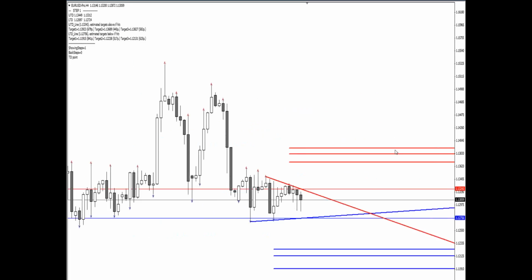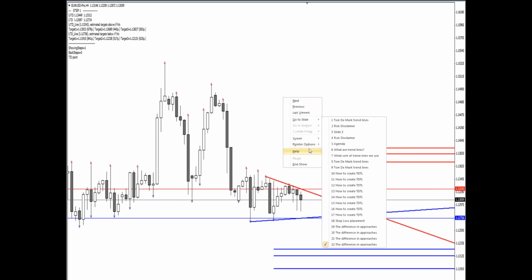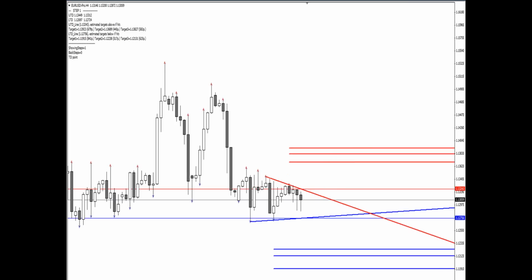This is how the indicator is showing. In this example, you have the indicator which calculated both selling from demand and buying from supply.